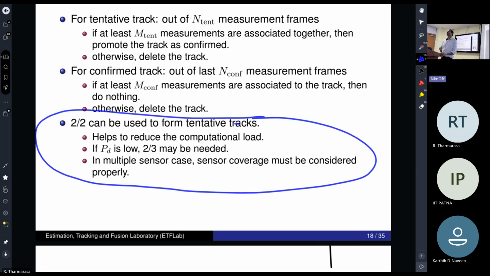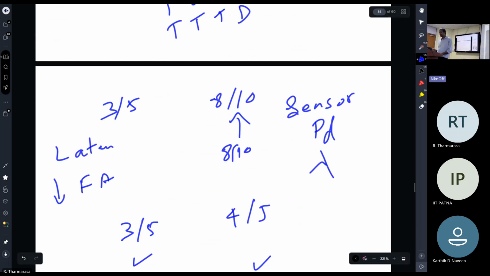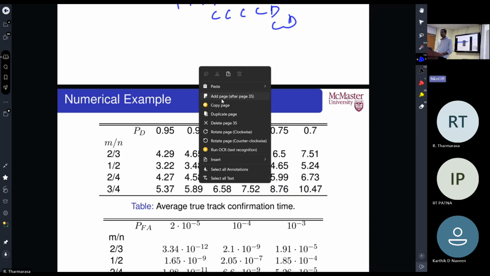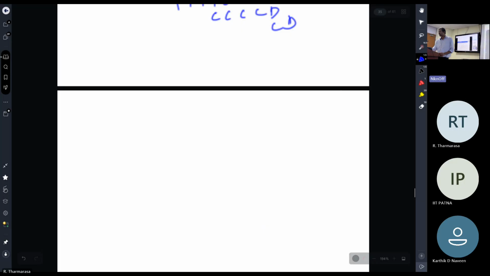But usually I use this to reduce lots of tentative tracks. When you implement trackers, sometimes you get lots of tentative tracks. So what we do is, we always want to go this way. That's a little complicated. If it's complicated, don't worry too much about that.